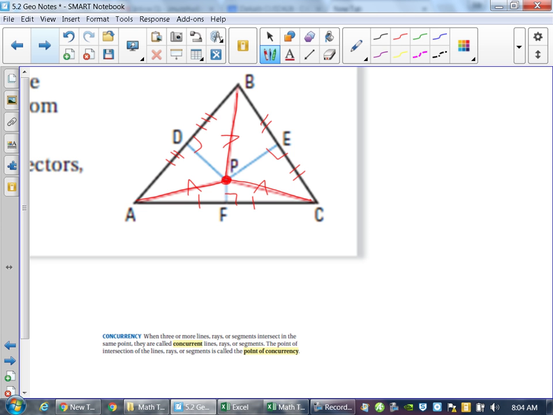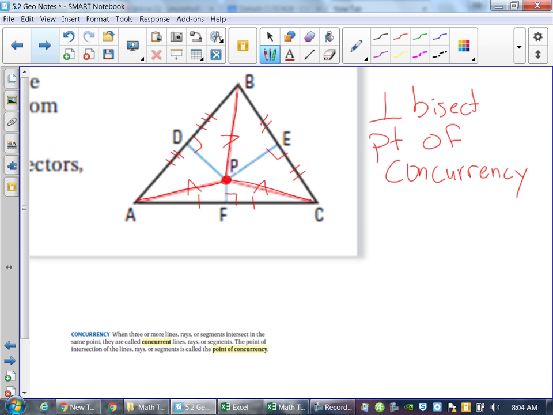So inside of perpendicular bisectors where they all meet, there are 2 R's. Okay? This point where they all meet, the segments from that point to the vertex are all congruent.